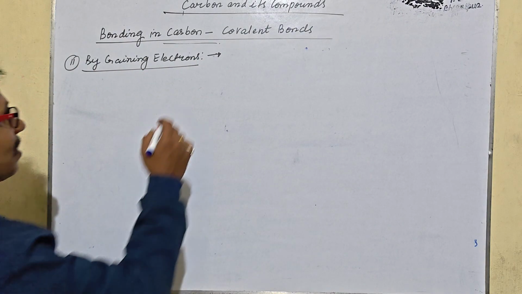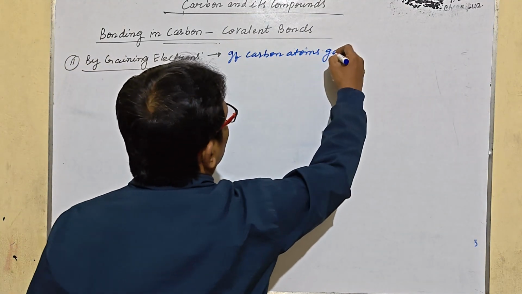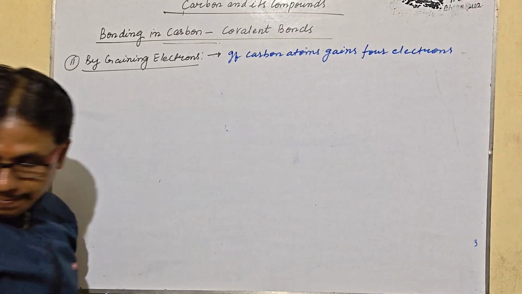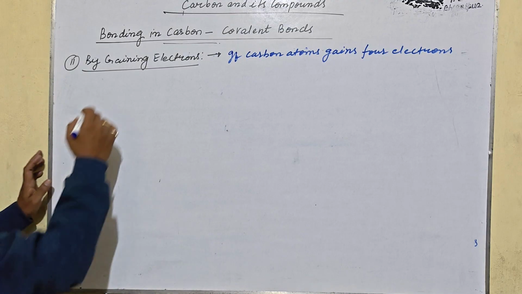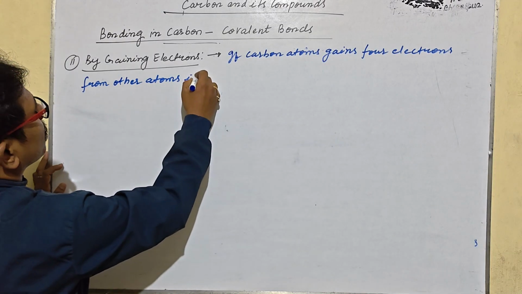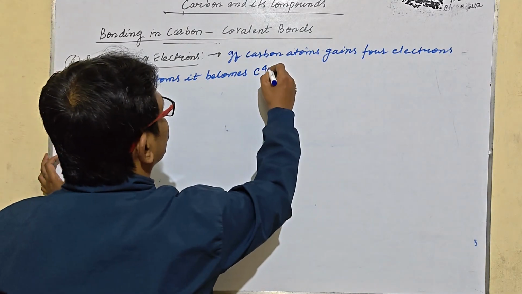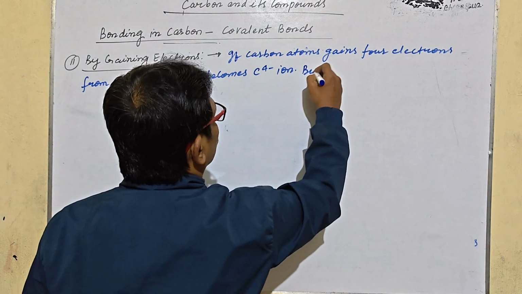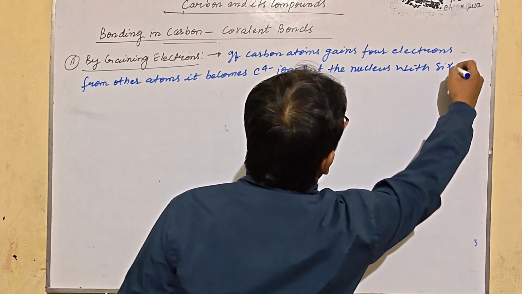If a carbon atom gains 4 electrons from other atoms, it becomes a C4- ion.